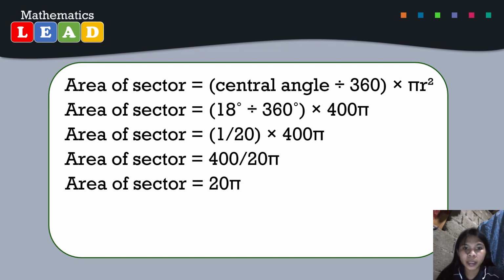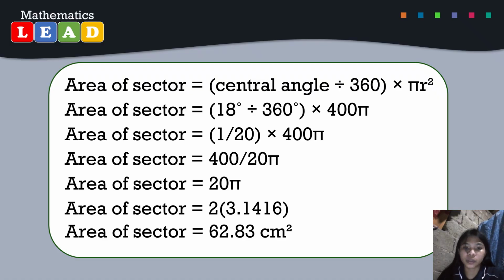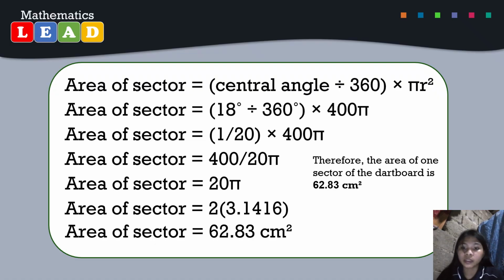And pi is equal to 3.14, which gives us 20 times 3.14, approximately 62.83 centimeters squared. Therefore, the area of one sector of the dartboard is 62.83 centimeters squared.